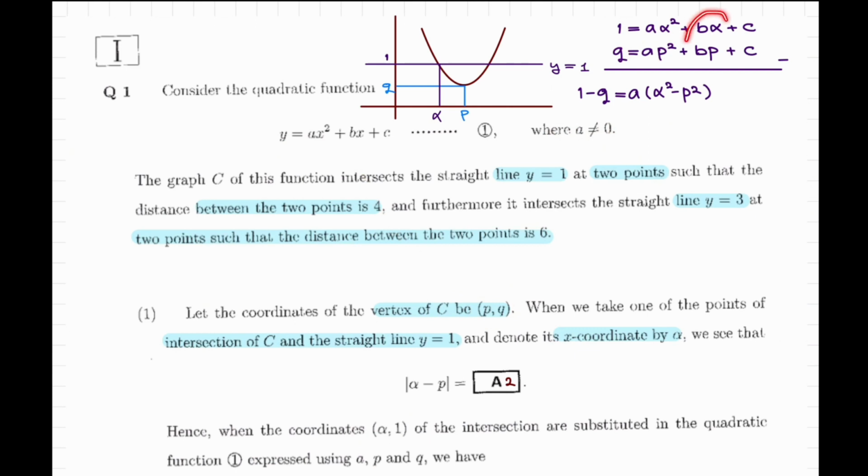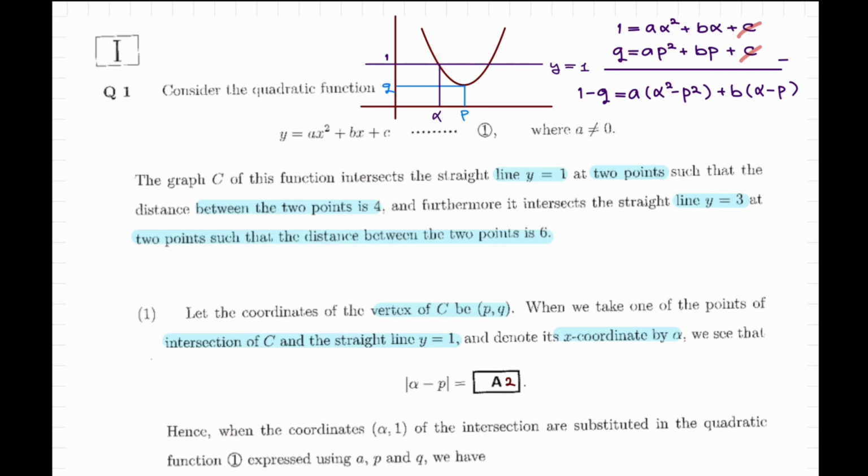Do the same thing for this expression. You can factorize b, then you will get b open bracket alpha minus p. Of course, the c has cancelled out. Alpha minus p, if you see from this illustration, alpha minus p is equal to negative 2.